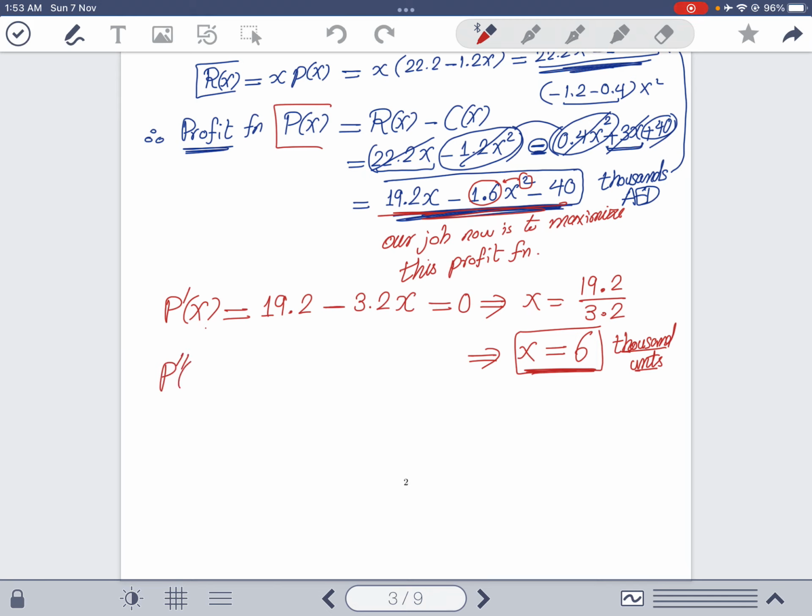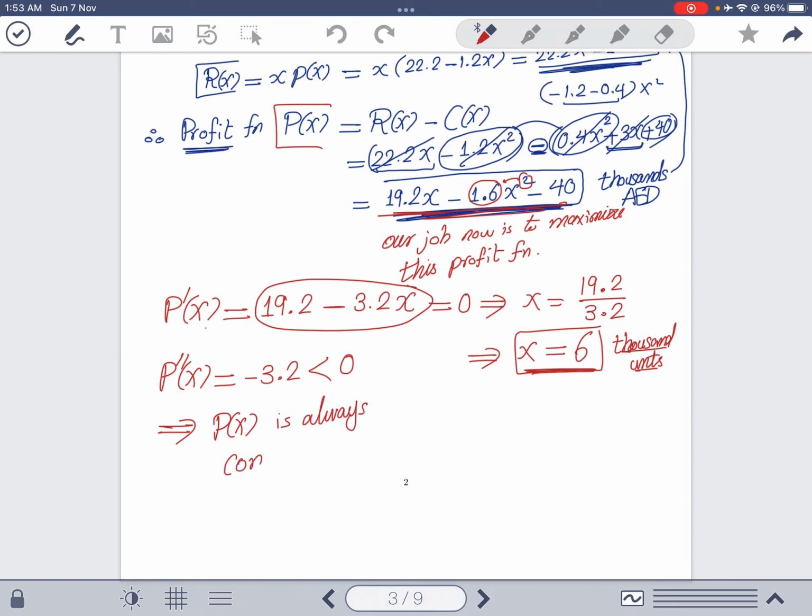If you do the second derivative test, the second derivative of p, which is the first derivative of p prime, is just minus 3.2, which is always negative. So this means that the profit function is always concave down.